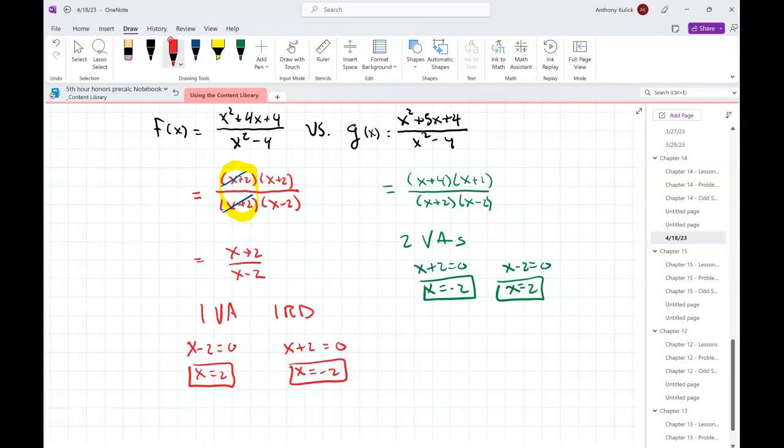So that's the x-coordinate for that removable discontinuity. But remember, the removable discontinuity is a hole. It's like an open circle on your graph.